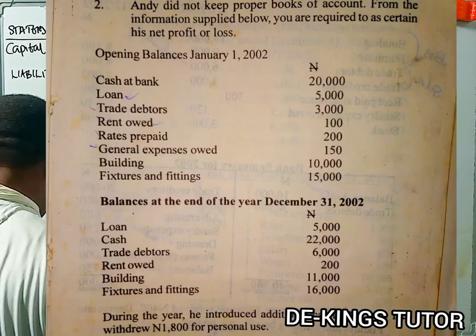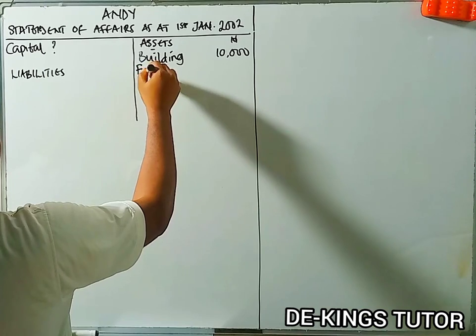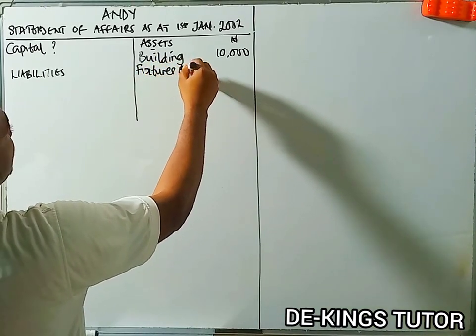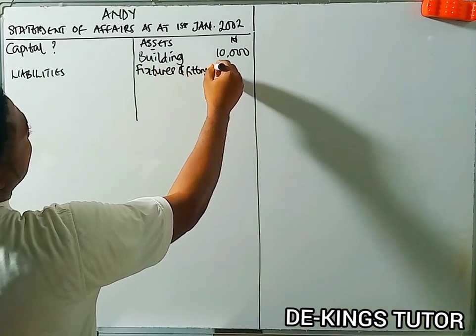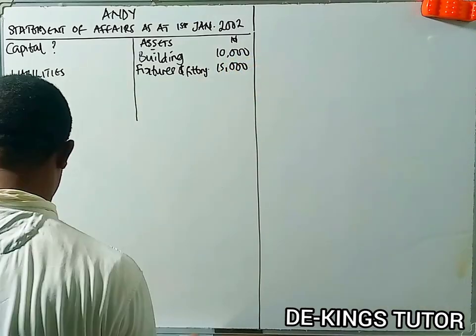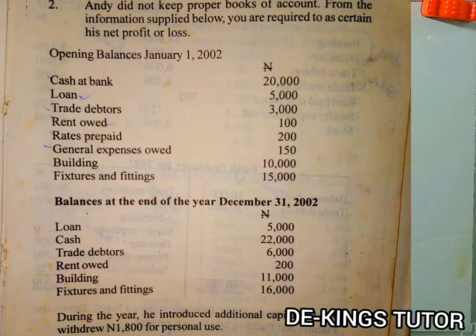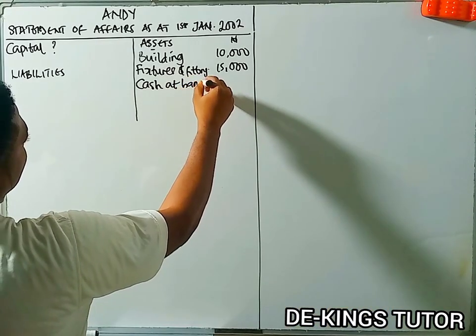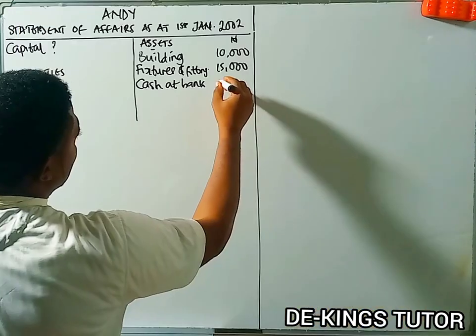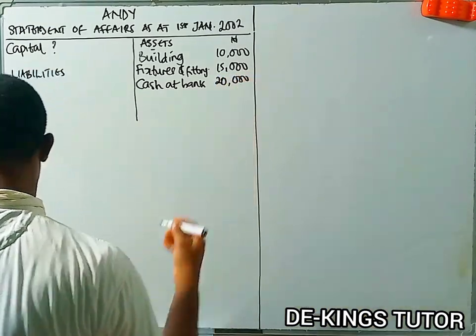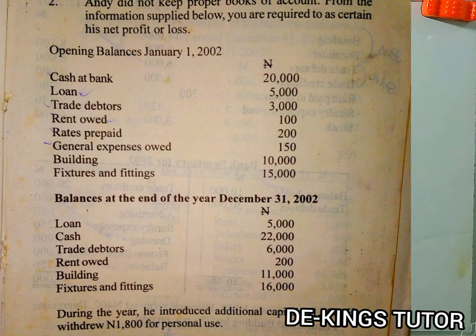The next one is fixtures and fittings, 15,000. The next one, we can get our cash at bank. How much is it? 20,000.